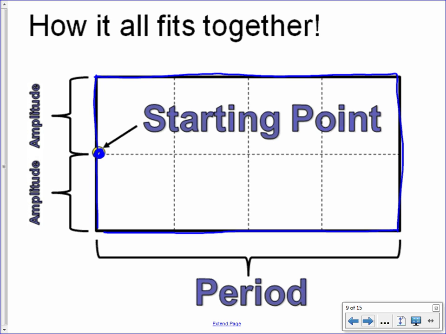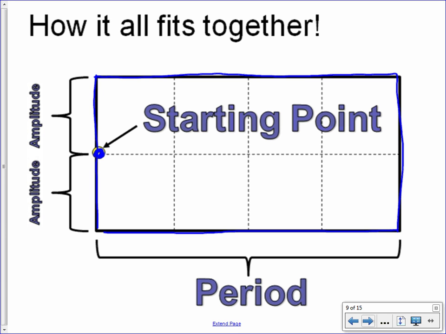Do you see how I have those dotted lines? We're going to split our frame in half lengthwise and then into fourths widthwise, I guess, if you want to say that. And then we're going to know where to put our points. There's going to be 5 important points for each period of the graph.